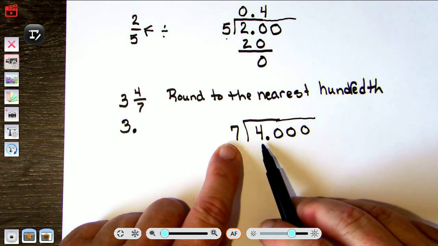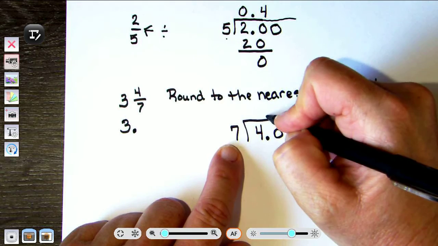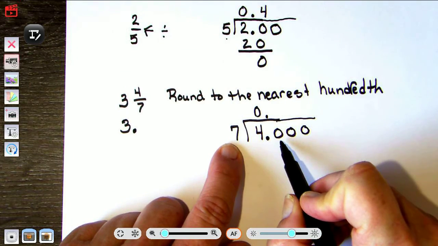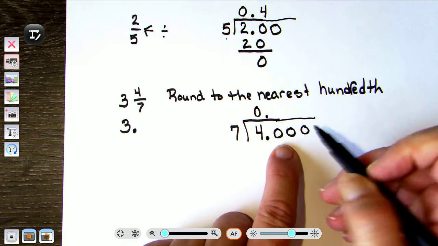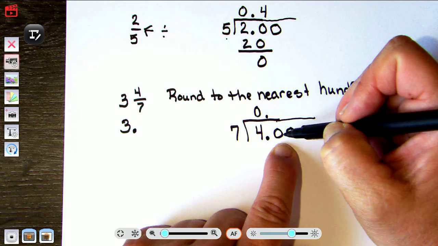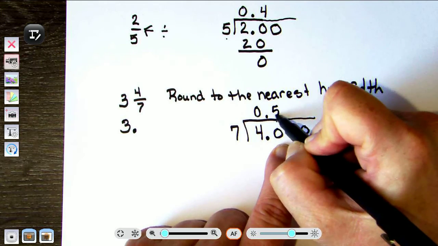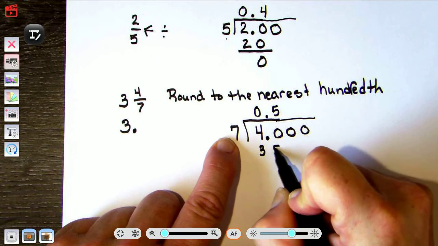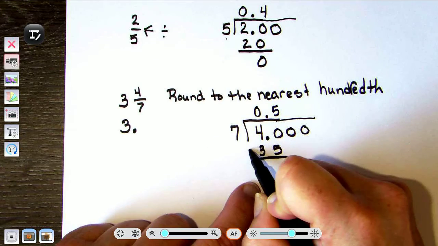So 7 into the 4, it does not happen. So that's 0 times. 7 into 40 is, well, we have to think, 7 times what gives me something smaller than 40, and that would be 5. So 7 times 5 is 35. And now we subtract.